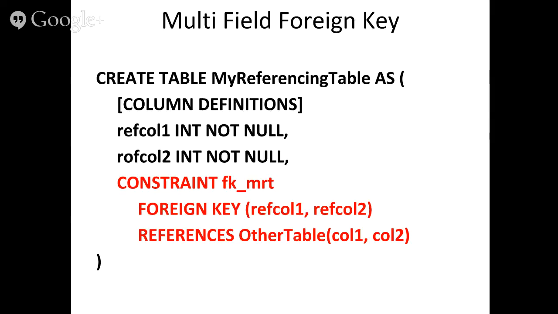Those foreign keys don't have to, but they can refer to the combination of primary keys in that other table. So these two fields, reference column 1 and 2, are referencing two records that live somewhere else in some other table. And presumably that combination is unique and is declared as a primary key combination on that other table.